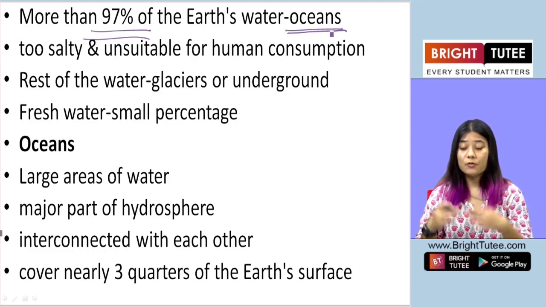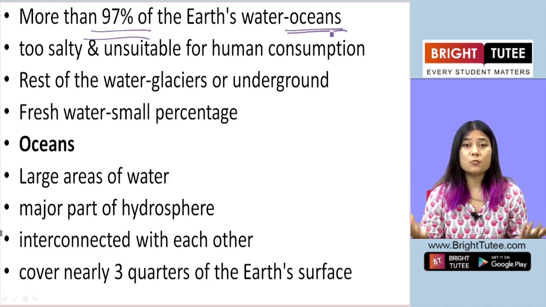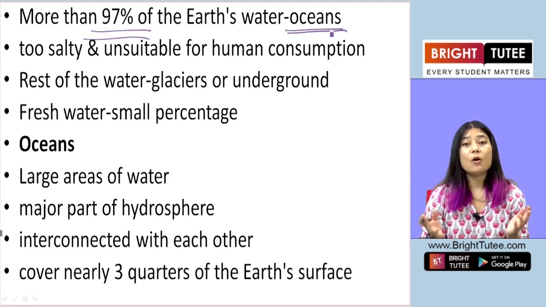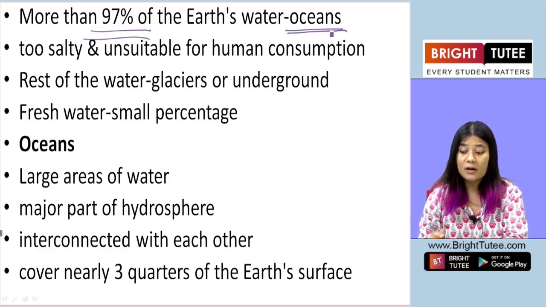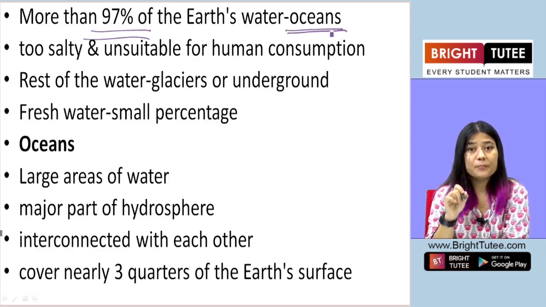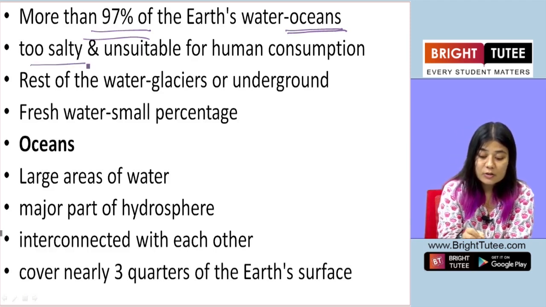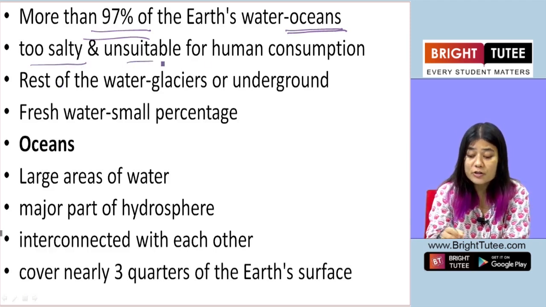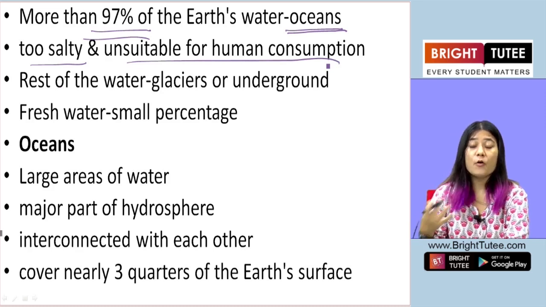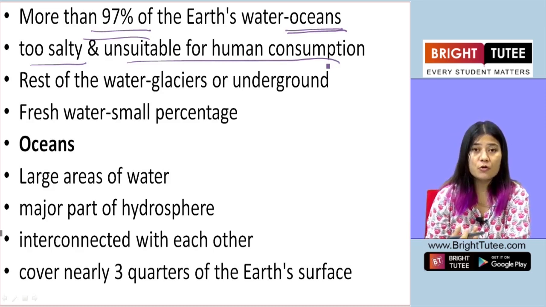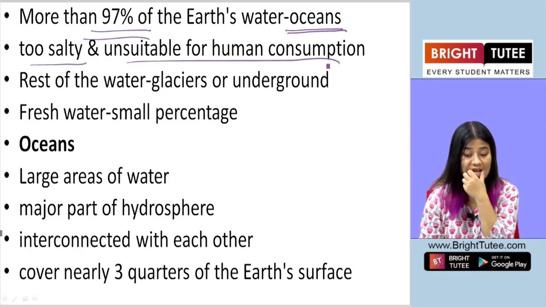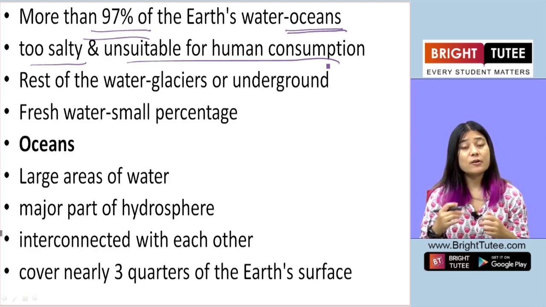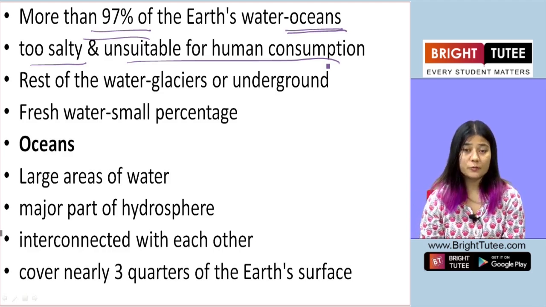We may think that we have too much water because there are so many large oceans and we can never run out of water. But we must remember that the water from the ocean is salty and not suitable for drinking, for using in our household chores, or for other uses. We cannot drink and consume that water. It's too salty.